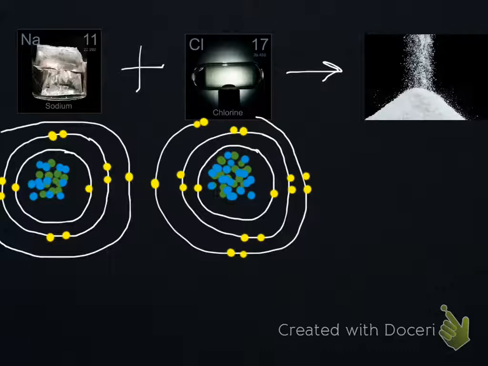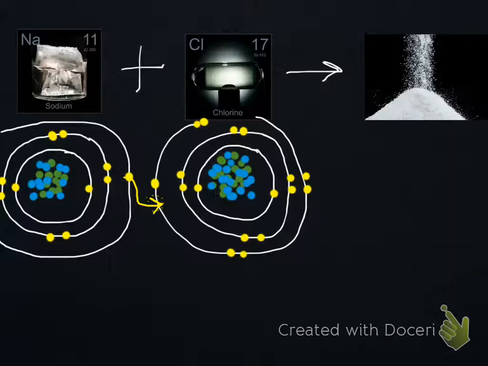So what's happening here when we have some chemical reactions going on, chemical bonding? You can see chlorine has 7 valence electrons, and so it's missing just 1 valence electron to have that outer energy shell full. On the other hand, sodium has 1 valence electron, so it's missing 7 valence electrons to have that outer energy level full. And so what will happen to form this chemical substance, this compound?